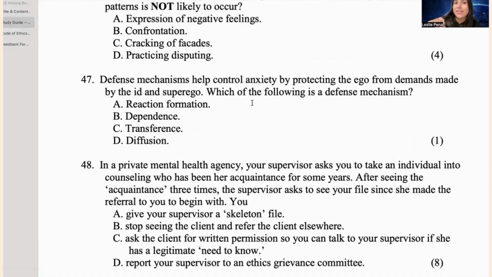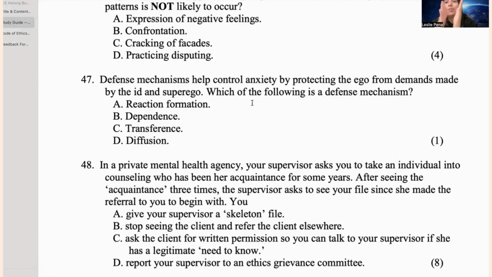47. Defense mechanisms help control anxiety by protecting the ego from demands made by the id and the superego. Which of the following is a defense mechanism? Okay. So for this one, there are several.